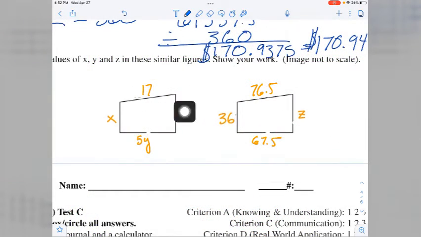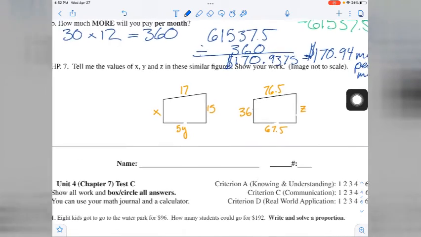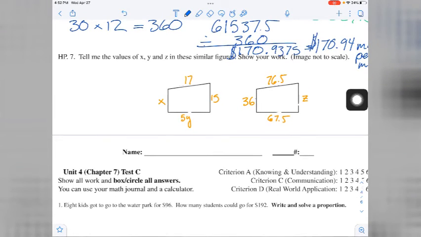Okay, so for the highly proficient for this one, you had these numbers, and it was asking you to calculate the values of the unknown variables. The reason this is highly proficient is because we didn't talk very much about similar figures. We took notes on it, but we didn't really go beyond that.